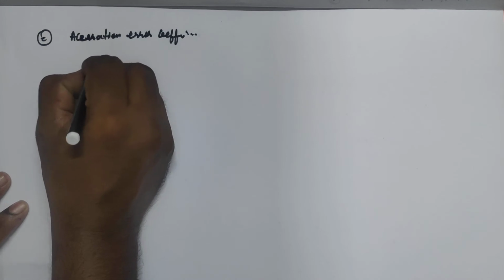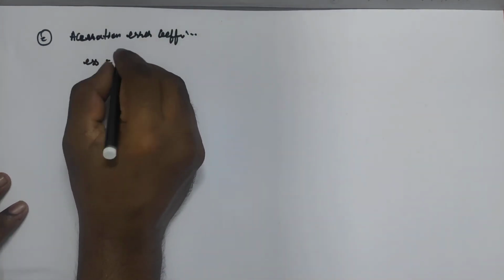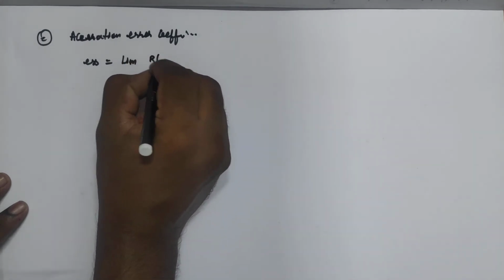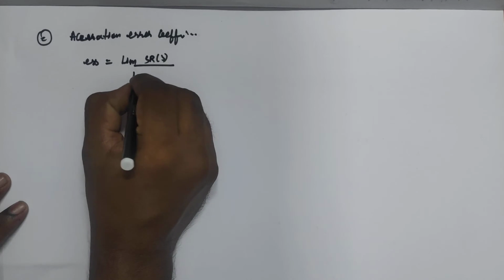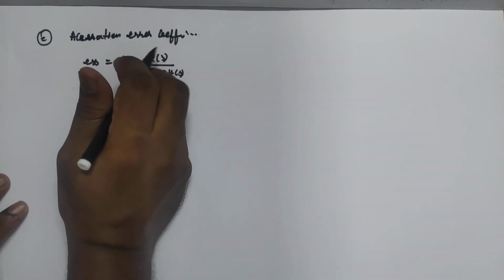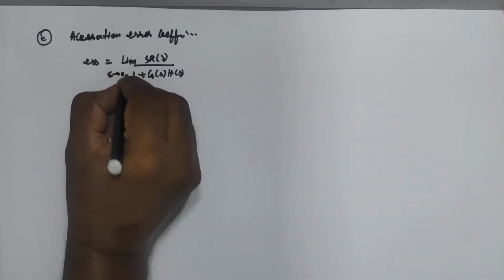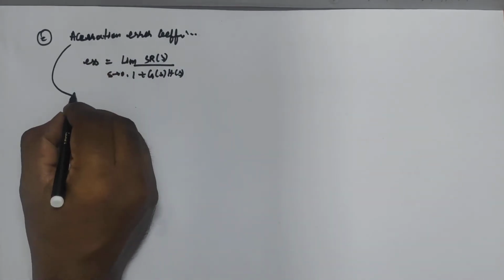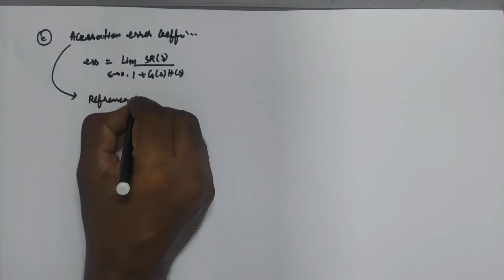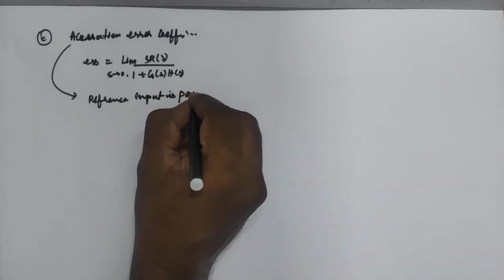So again, E of s equals limit s tends to 0 of s into r of s by 1 plus g of s h of s. The acceleration coefficient occurs when the reference input is parabolic.